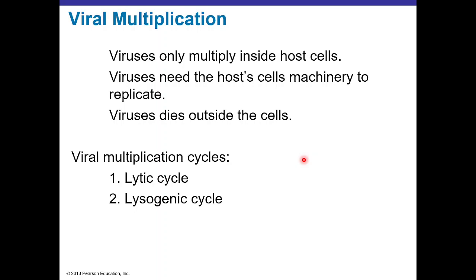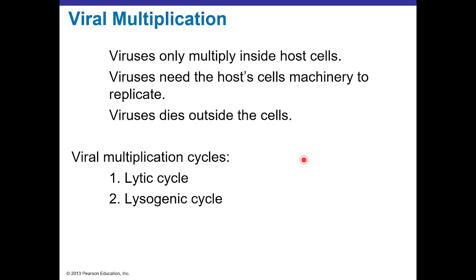Viruses cannot live outside of cells. When viruses multiply, they make millions of copies. It's not like one virus makes two, makes four. No, they make millions of copies. Typically the generation time is more or less 4 hours, though some are much faster or slower than others.